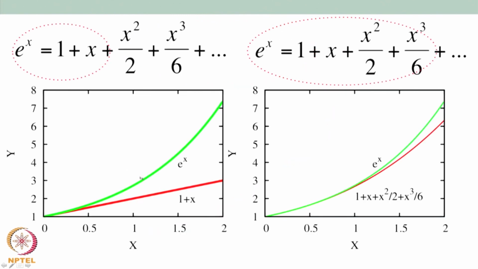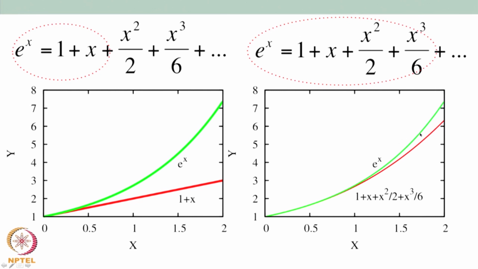So here is a comparison. If you just take only 2 terms, the green in both the left and right side is y equals e power x. In the red, left hand side, red is y equals 1 plus x. That is, I take only 2 terms, I will get this. If I take 4 terms, the red curve becomes closer to the green curve. If I take 5 terms, it will become closer.